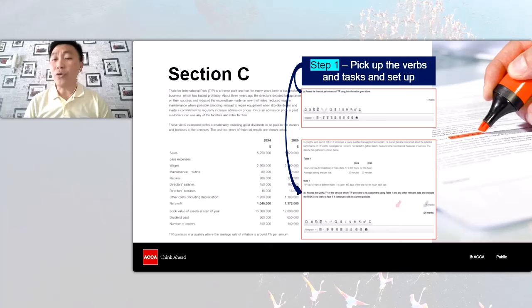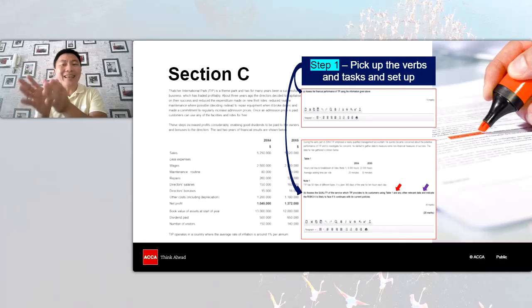Do you notice these 2 words indicated with 2 different colors of arrow sign? Guys, keep a very close eye on the word and when you come to section C. Because when you have an and, it means that it is likely to have 2 responses that you need to put down in your answer. And how do you tell if the task after the and is continuous from the first one or is a separate one?